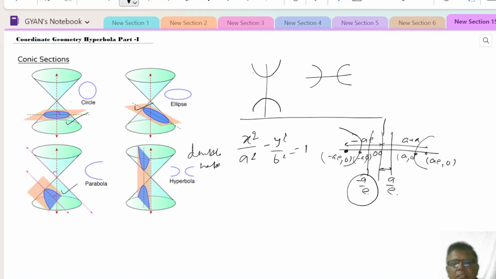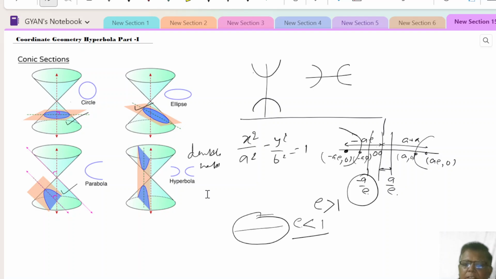But you can see that ae is on this side and minus ae is very near to the origin. So that means e should be greater than 1. In the ellipse, e was less than 1. So this is the difference.